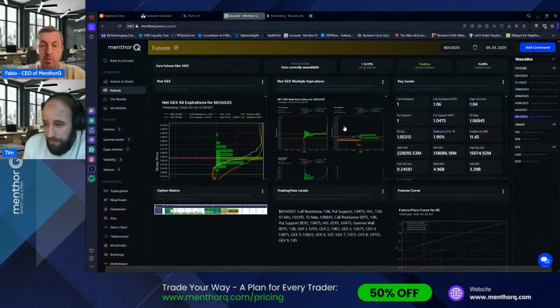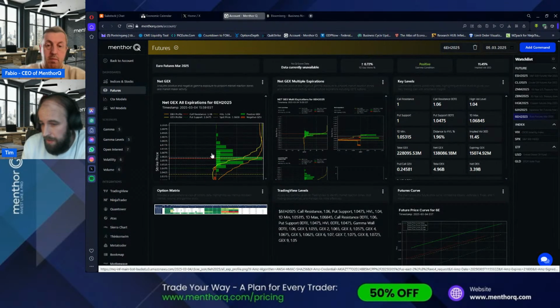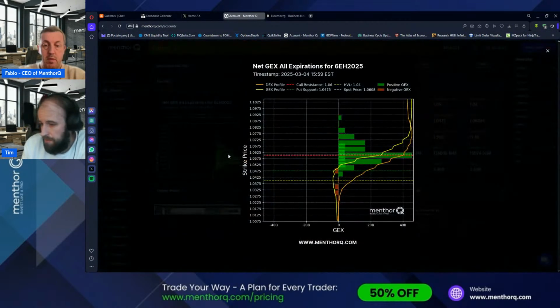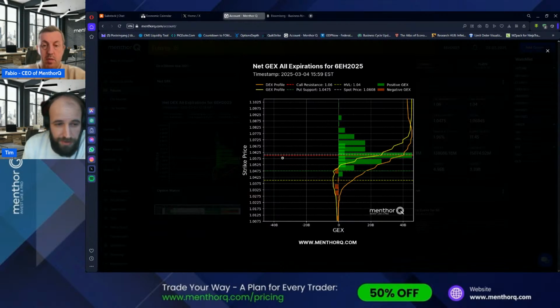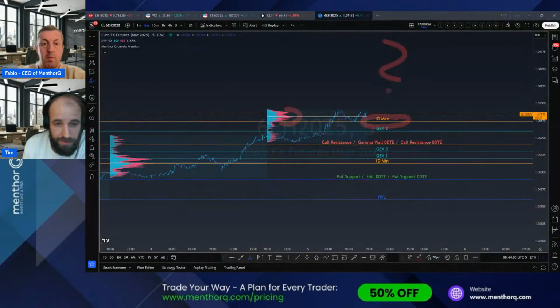So what we can do now is go back to this chart and just have a look by eyeballing how it looks over here. I forgot the number.